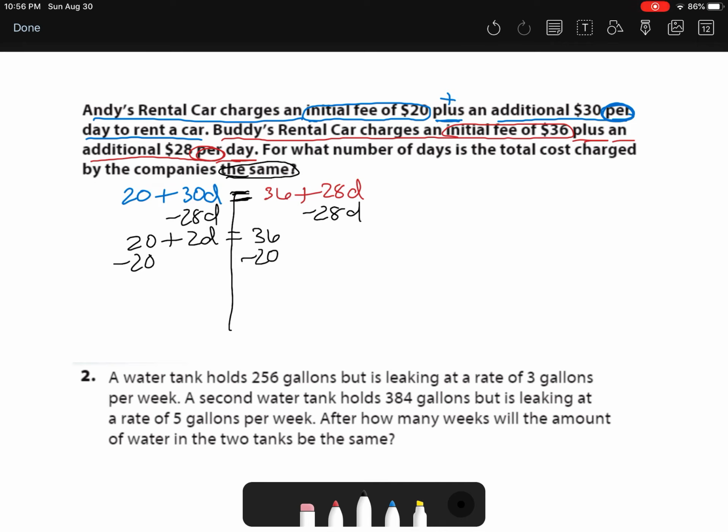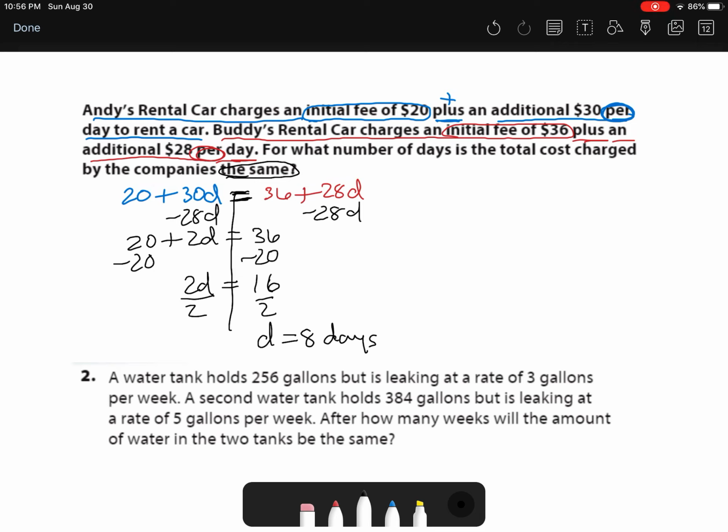Subtract the constant over, and we get 2D equals 36 minus 20 is 16, divided by 2, and we find that D equals 8. So what does that mean? It means that if you use Andy's rental car, or if you use Buddy's rental car, you're going to pay the same amount for 8 days. So the answer is 8 days.